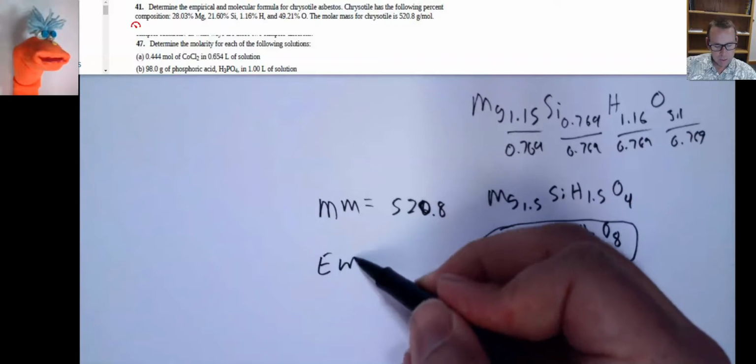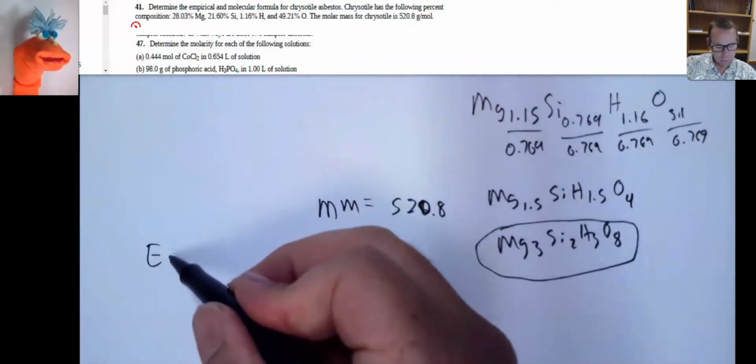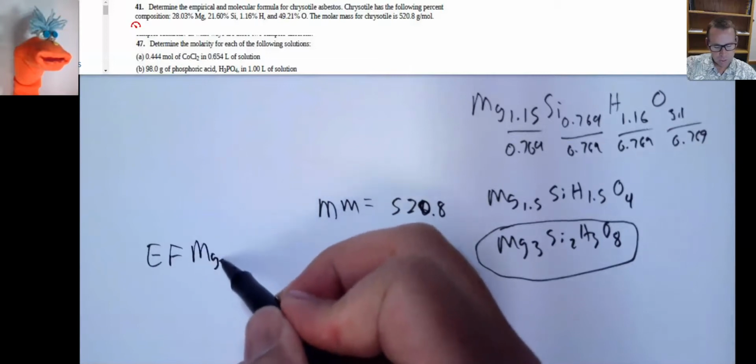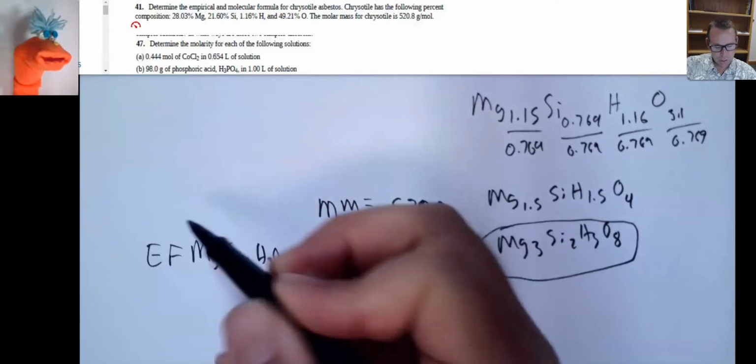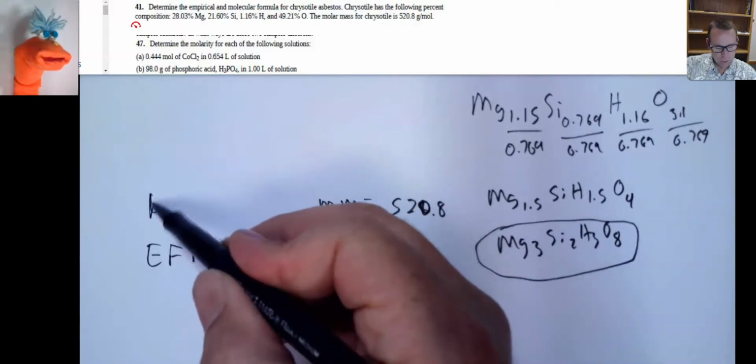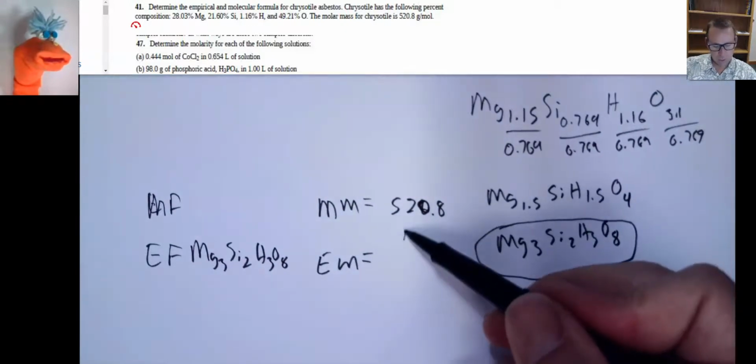The empirical mass, we'll find that out by adding this stuff together. The empirical formula is Mg3Si2H3O8, and the molecular formula we're going to find by finding out what our multiplier is.